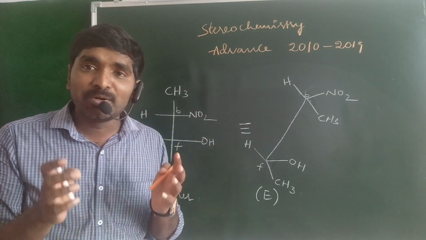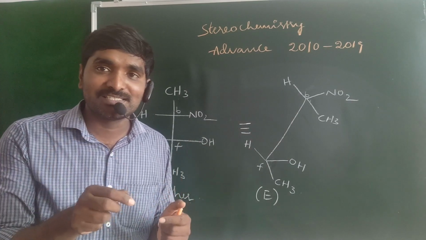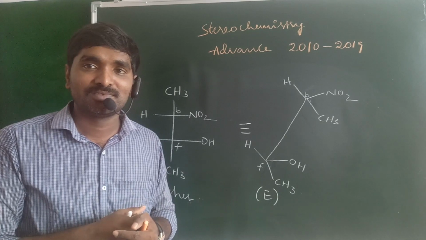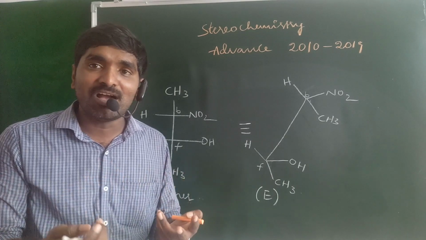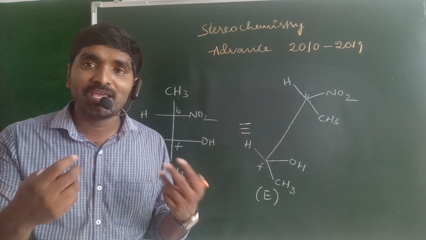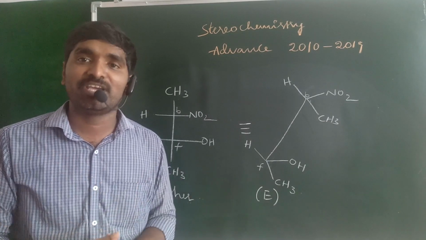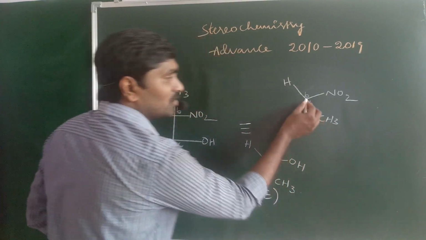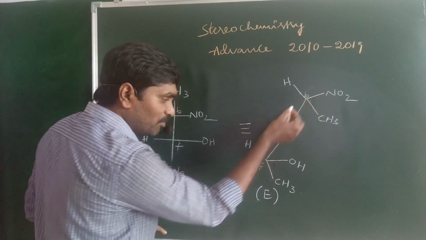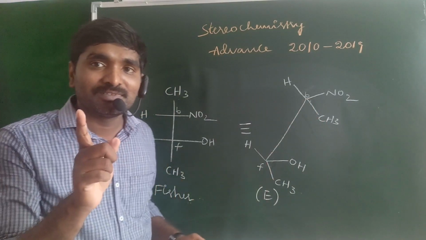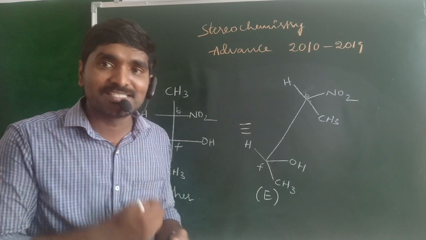When you do an even number of changes, you get the same configuration. When you do an odd number of changes in stereochemistry, the molecule attains a different configuration. So for the staggered conformation, either the backside carbon or the front carbon, only one can be changed by 180 degrees.